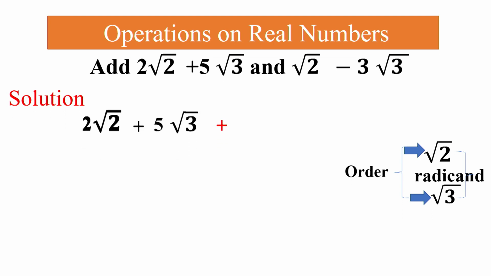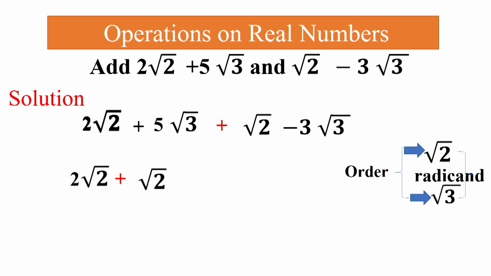Take the example, write it down once again with the sign of plus, because we are going to add. Now group the like surds, my dear students. 2 root 2 plus root 2, these two are like surds. Another group is 5 root 3 minus 3 root 3. What to do now? In the first group, root 2 is common.